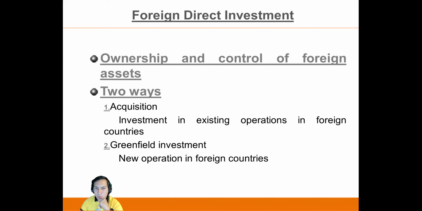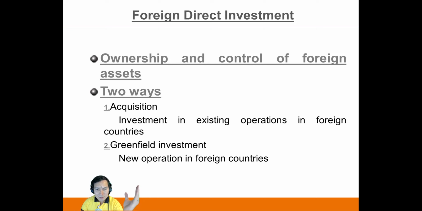Foreign direct investment is when you own and control a foreign asset. The very used example is a US-based company that owns a share of a foreign company. How would you do it?